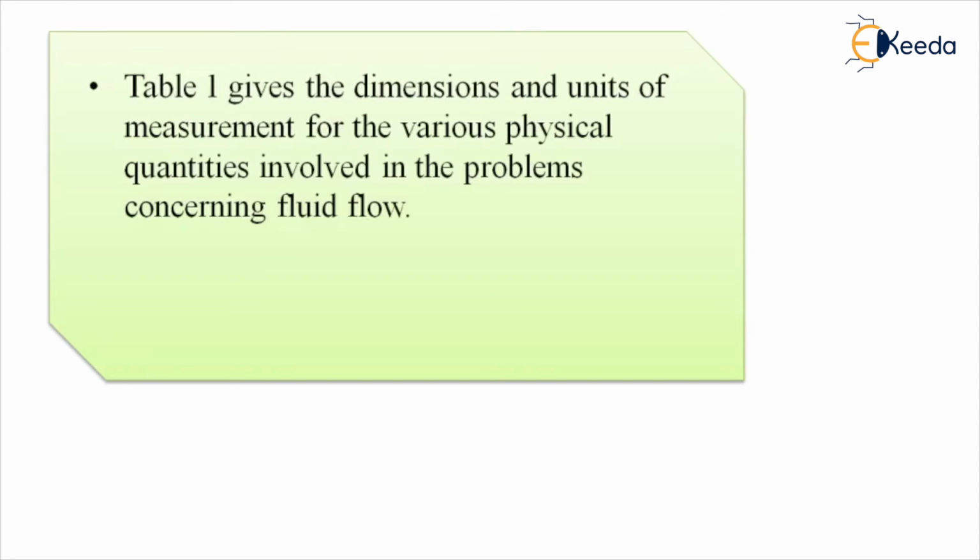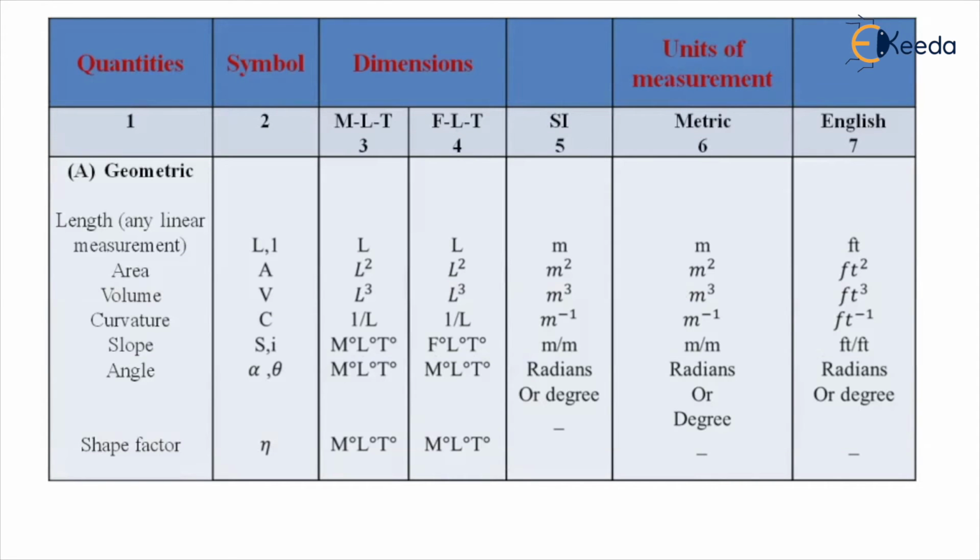Here, table 1 gives the dimensions and the units of measurement for the various physical quantities which are involved in the problems concerning fluid flow. What are these? We will see in the next slide. Here, there are four columns. First one is quantities, symbol, dimensions, and their units of measurement.